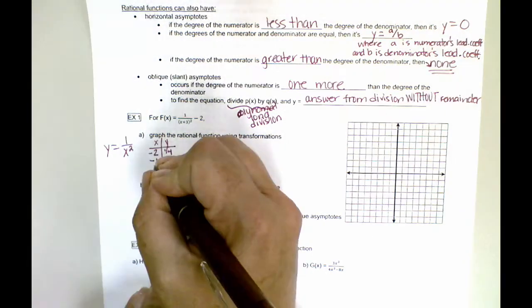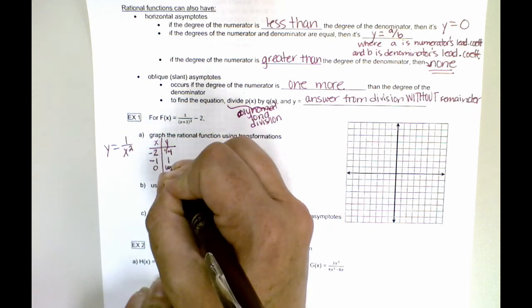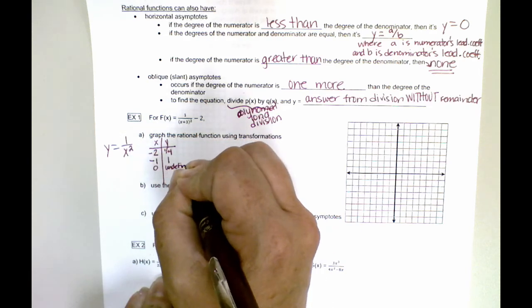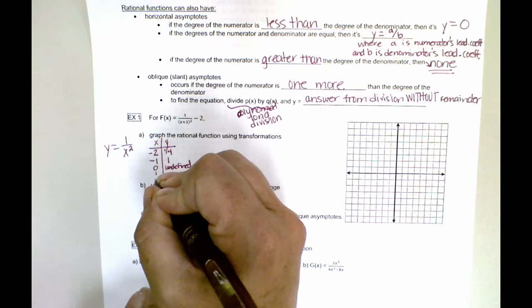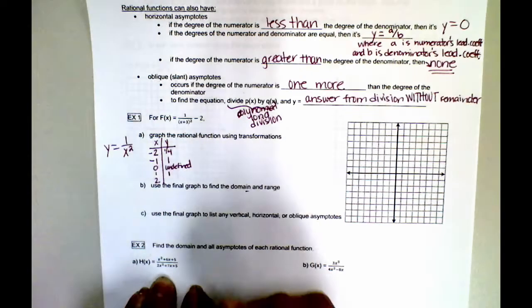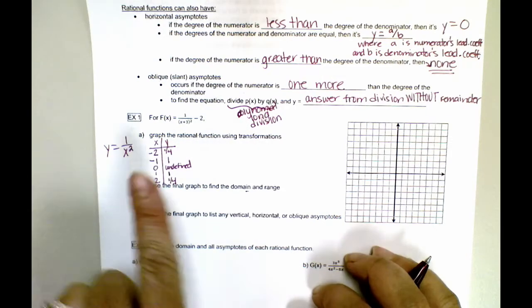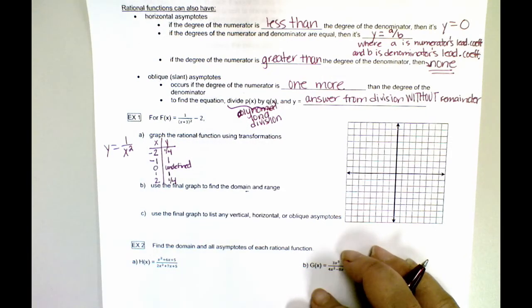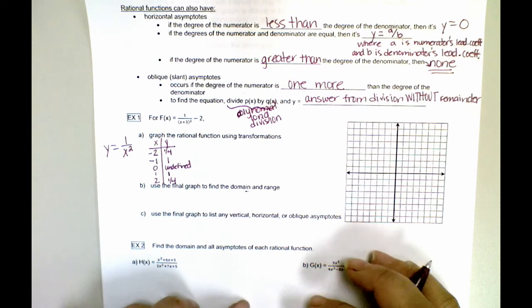If I were to pick 0, 0 squared is 0, that's undefined, which is because I'm going to have an asymptote there, a vertical one. Then, if I pick 1 and 2 to match these, this y is 1, this one is 1/4. So that gives me 4 different points to use as my parent graph with the transformations.